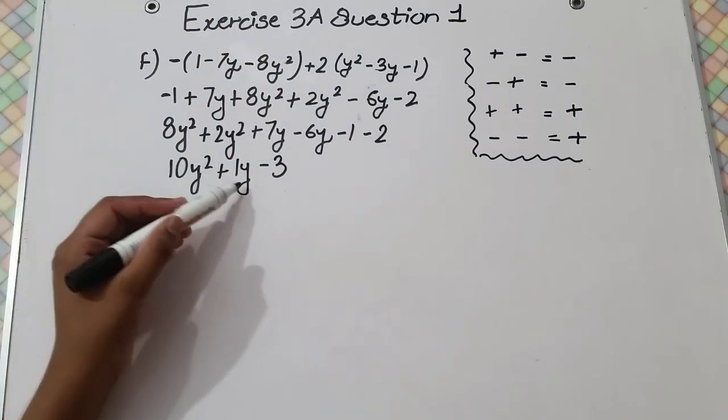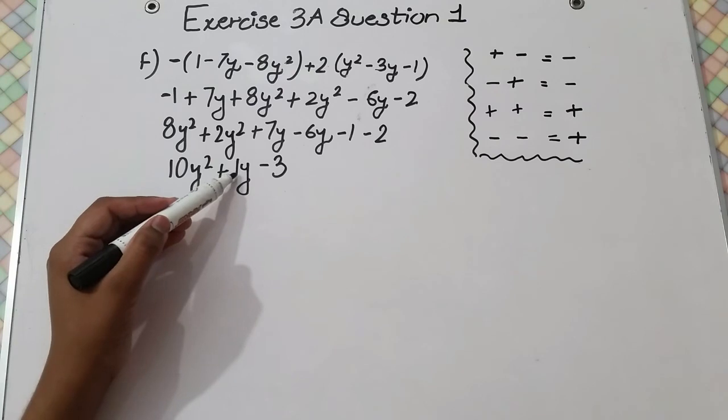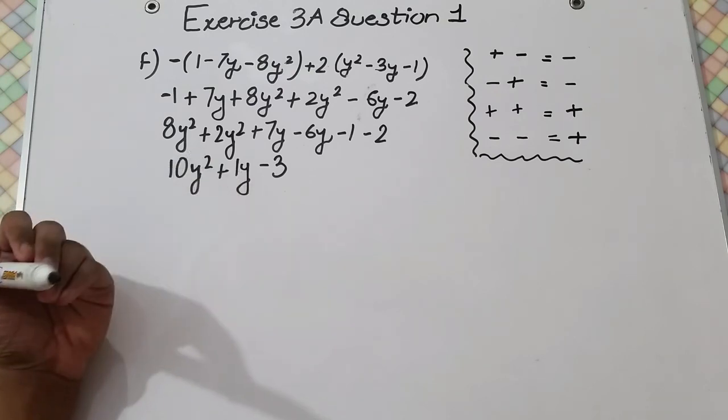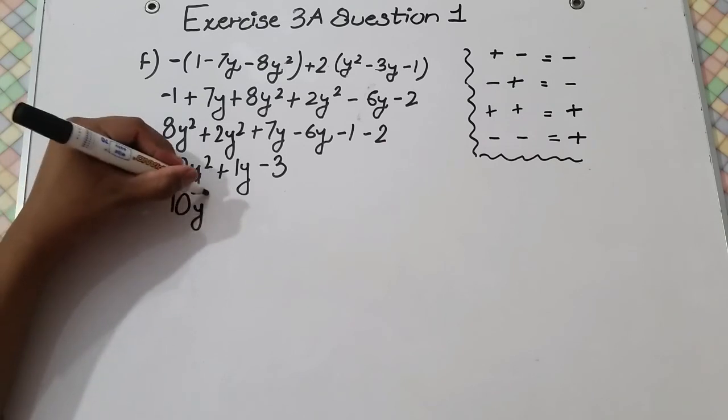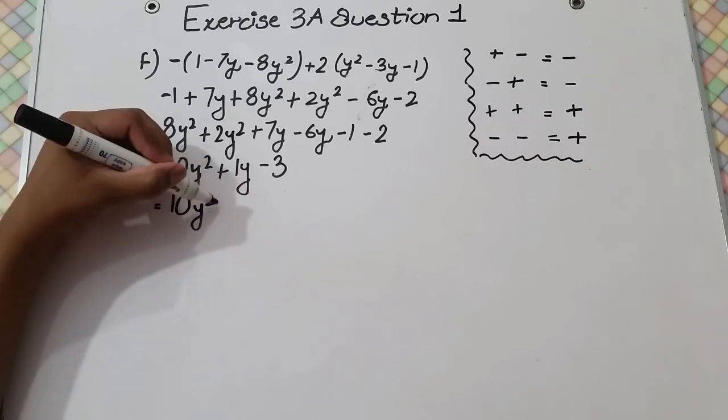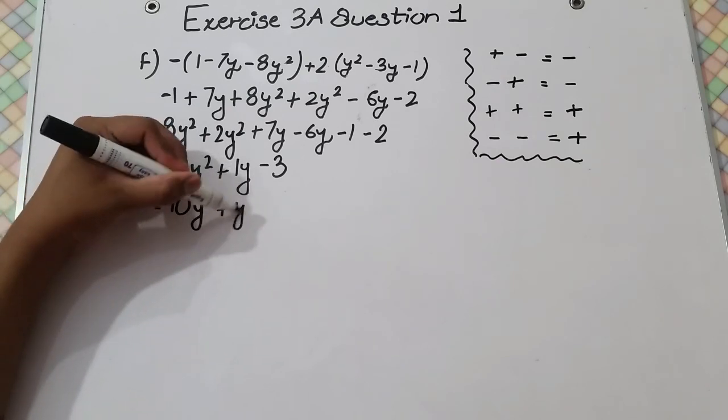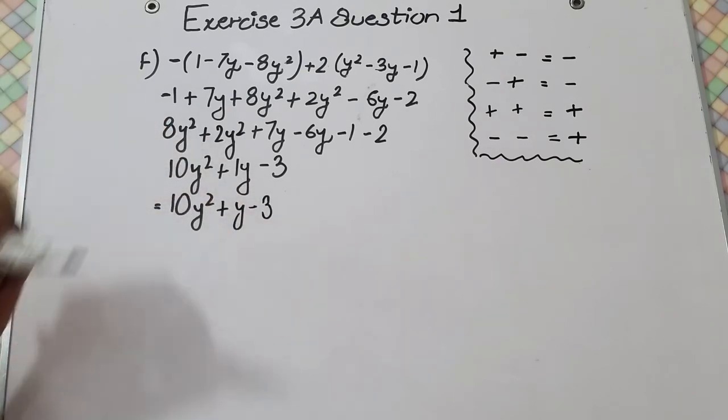And then as we did in the last part, that we are having over here 1, it's up to you whether you write 1 or not. So I am just going to make it like this: 10y square plus y minus 3. It's up to you whether you want to put 1 or not.